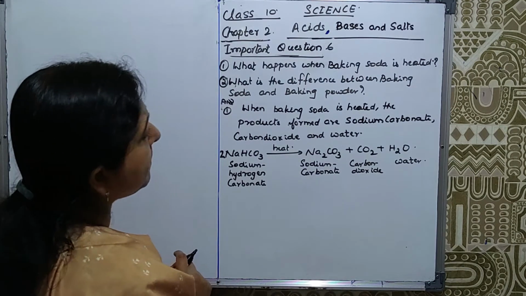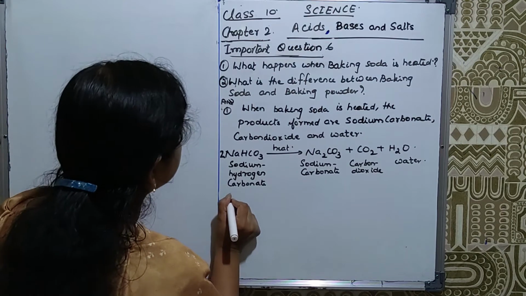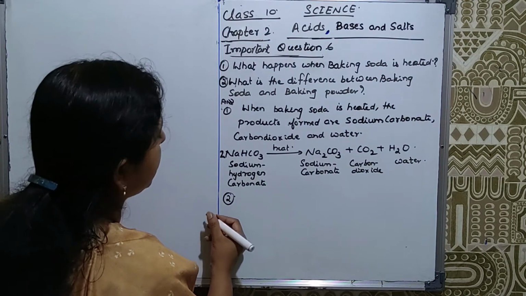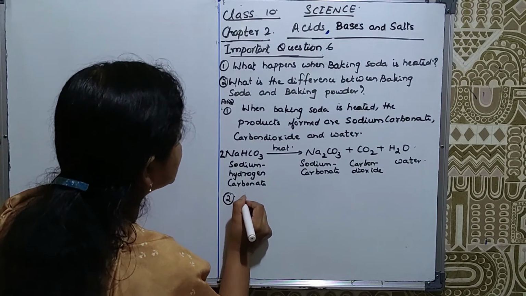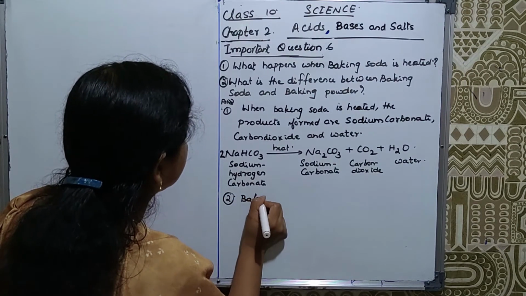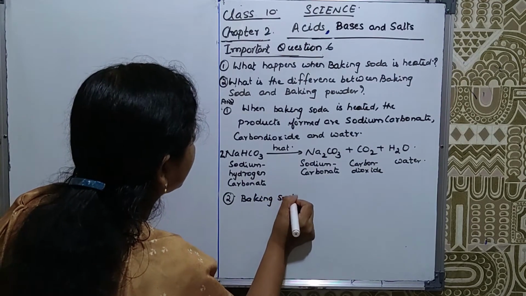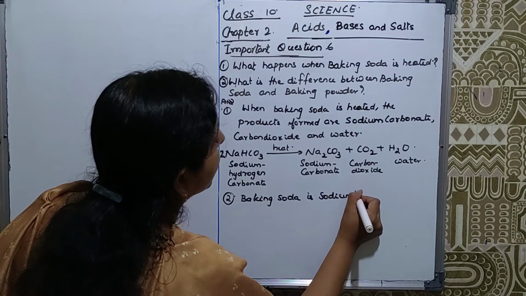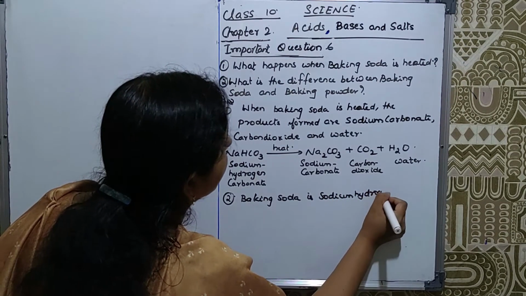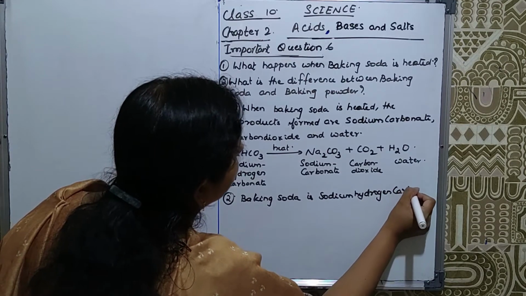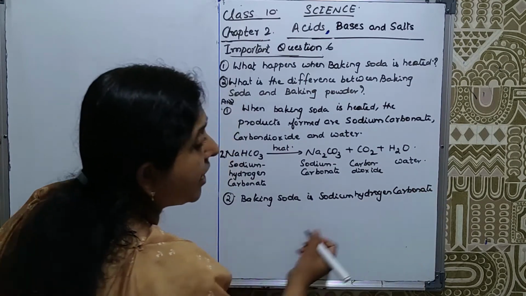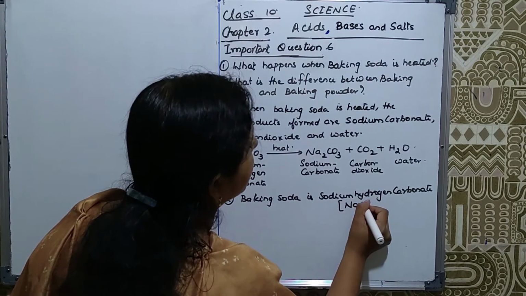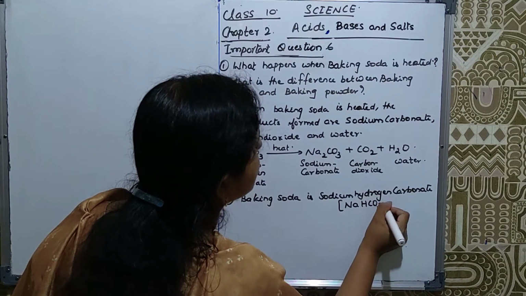Now what is the difference between baking soda and baking powder? Second question's answer. Baking soda is sodium hydrogen carbonate, having the chemical formula NaHCO3.